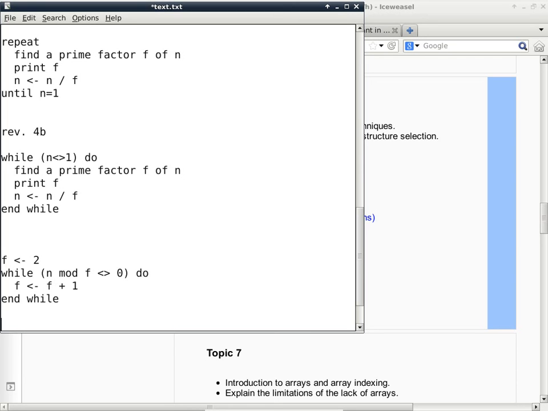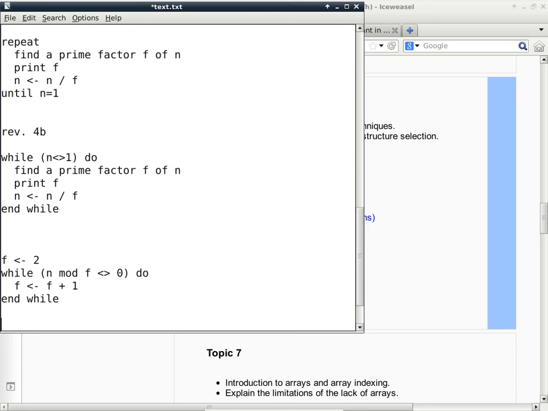Let's go through a few iterations and see if we can find a pattern. If n equals 1, in the first iteration, what is the value of n mod 2, the remainder of n divided by 2? It's 1. The remainder of 1 divided by 2 is 1. So should I stay in the loop? The condition is true, so I stay in the loop and add 1 to f. F becomes 3.